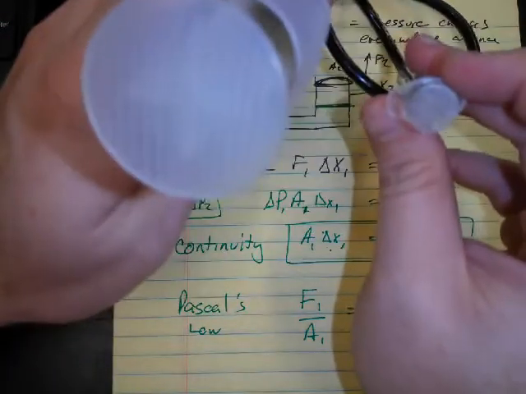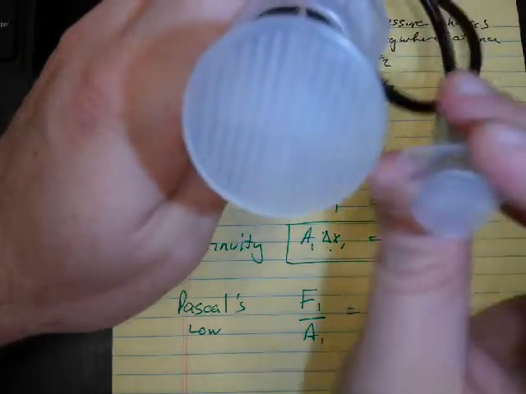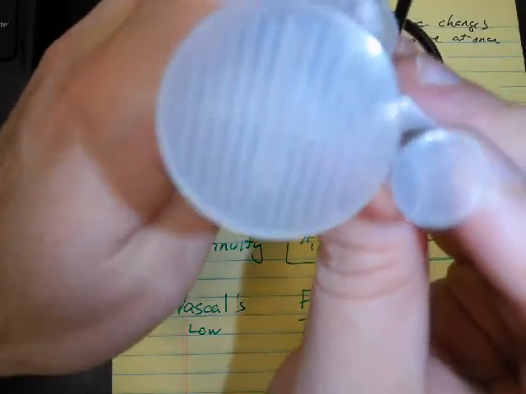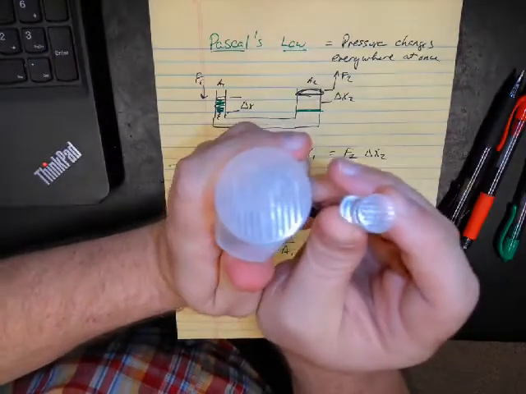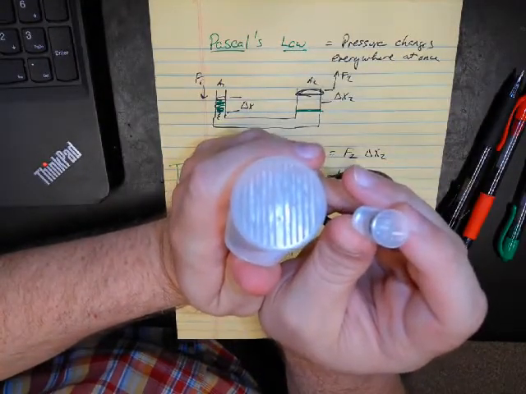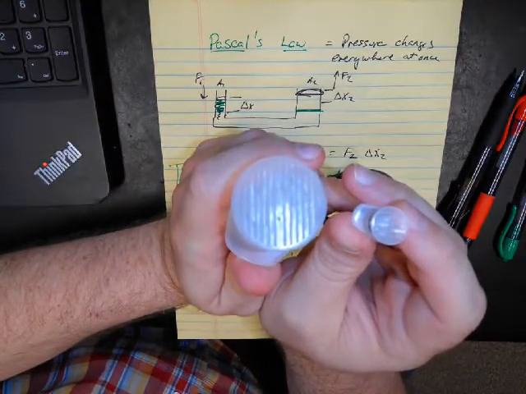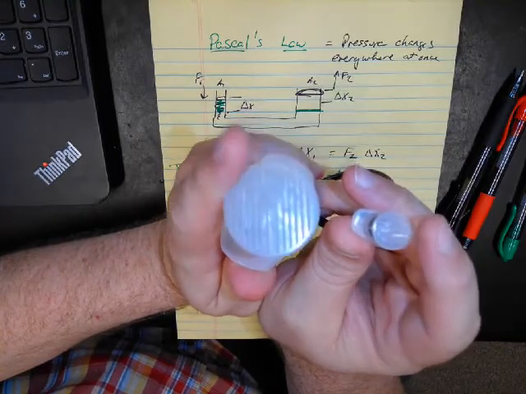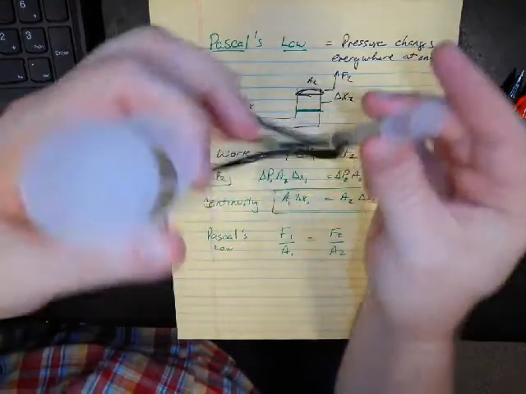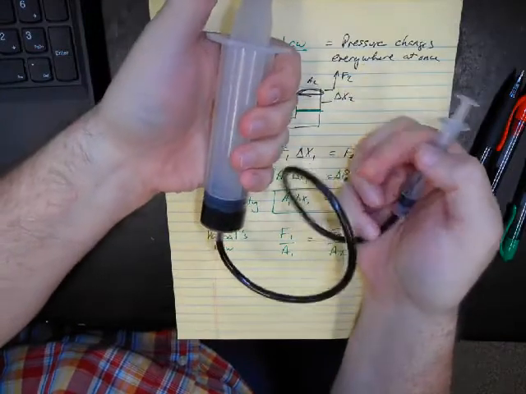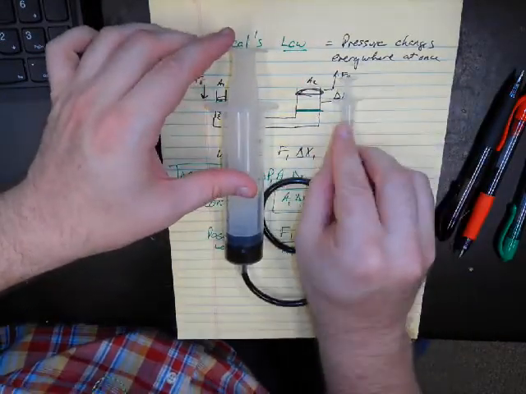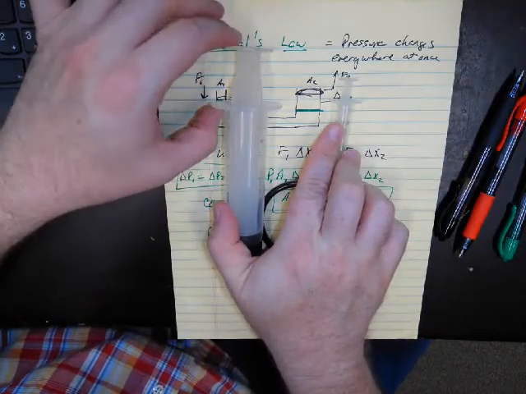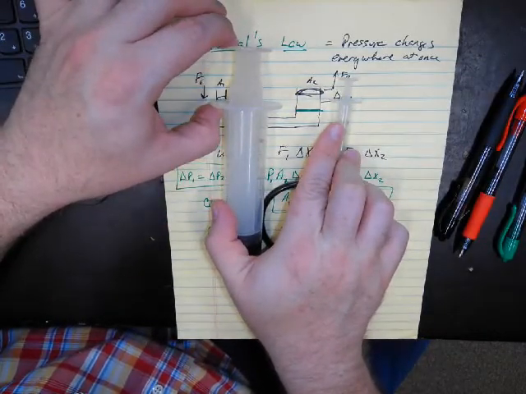But let me show you. There's the area of each of these cylinders. Let's raise this up a little bit. There's the area of each of those cylinders, and you can tell one's small and one's big. And so if I push the big cylinder a little bit, I'm going to hold it here so you can see how far the big cylinder moves.